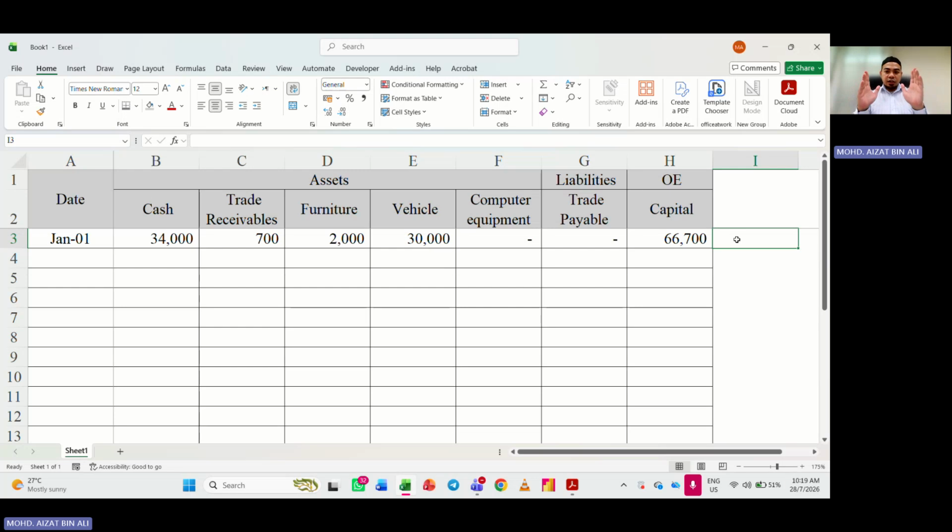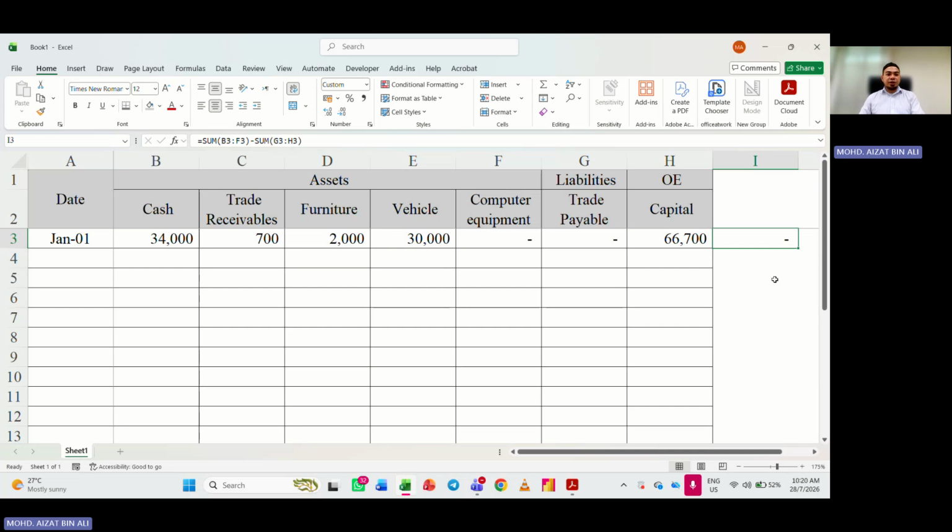Before you move further, it's very important that we always make sure total assets equal total equities and liabilities. Basically, total debits equal total credits. So we're going to take the sum of the debit sides minus the sum of the credit sides, and you see, we have zero balance.